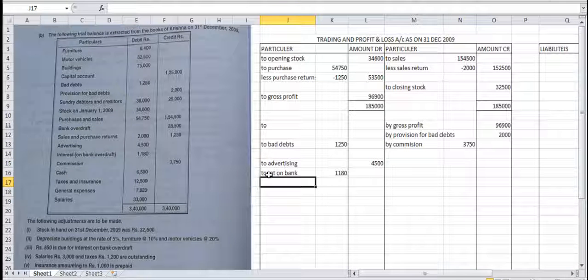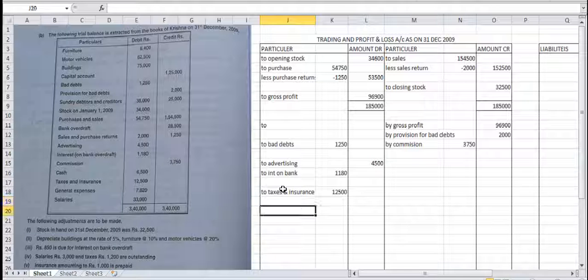Right here, to taxes and insurance. Taxes and insurance are about 12,500.